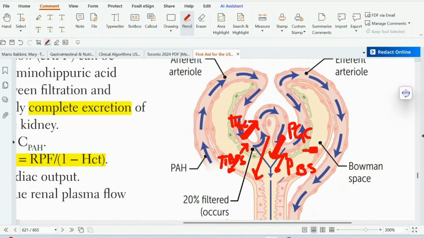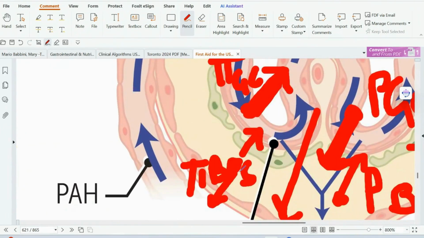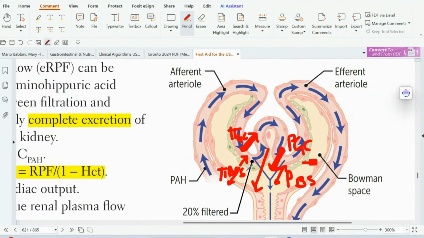By lowering oncotic pressure. Lowering which one? Is it the glomerular capillary or this one? Not the glomerular capillary, the other one. So this one will be low.